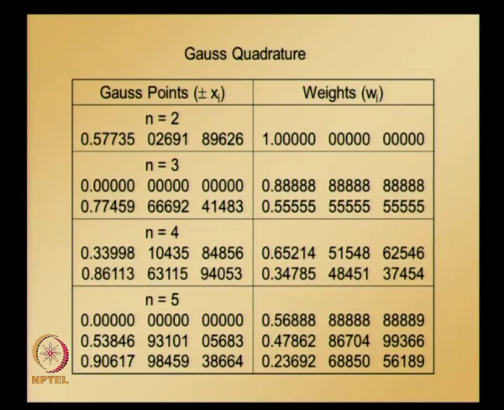For n equal to 1, the Gauss point is 0 and the weight is equal to 2. So, that is not shown in the table, and you can easily read the location at which we need to evaluate the integrand from this table.